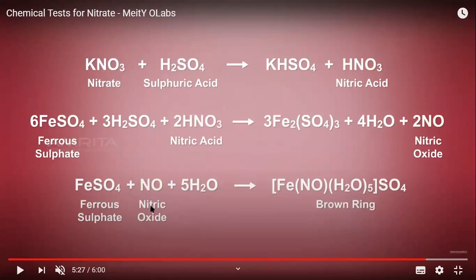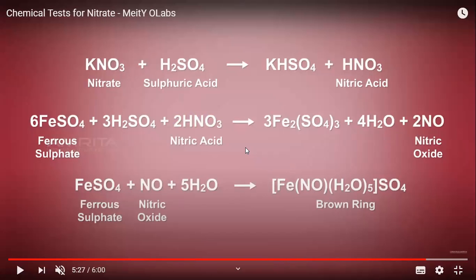And this nitric oxide, which is produced in this reaction, again reacts with the ferrous sulfate to produce the brown ring. My dear students, for your knowledge, please remember that NO here is NO plus 1. It is interesting to remember and note it down.